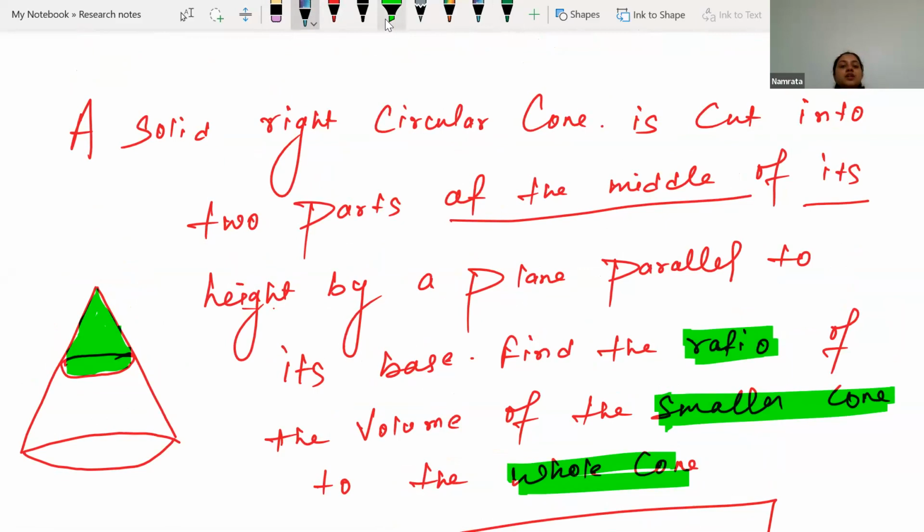Take a moment and read the question, each and every one, and do let me know which key point is given over here. No idea?